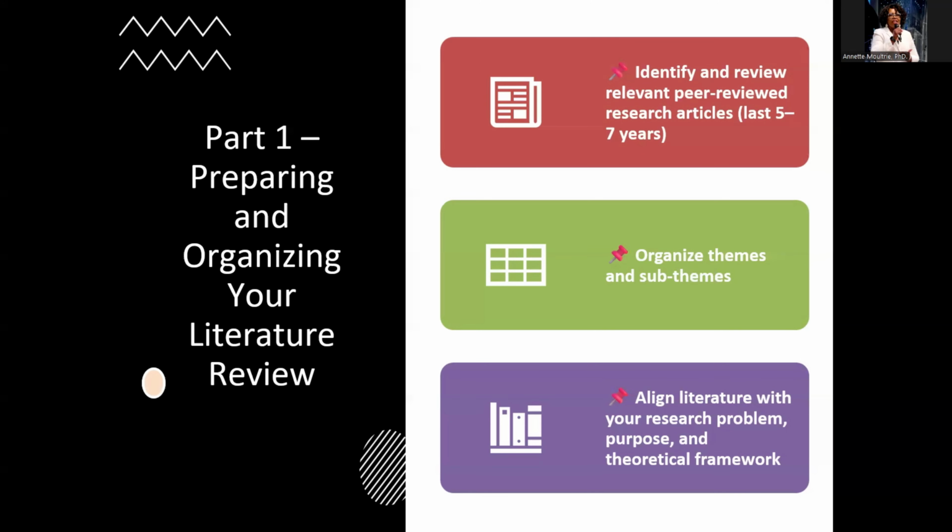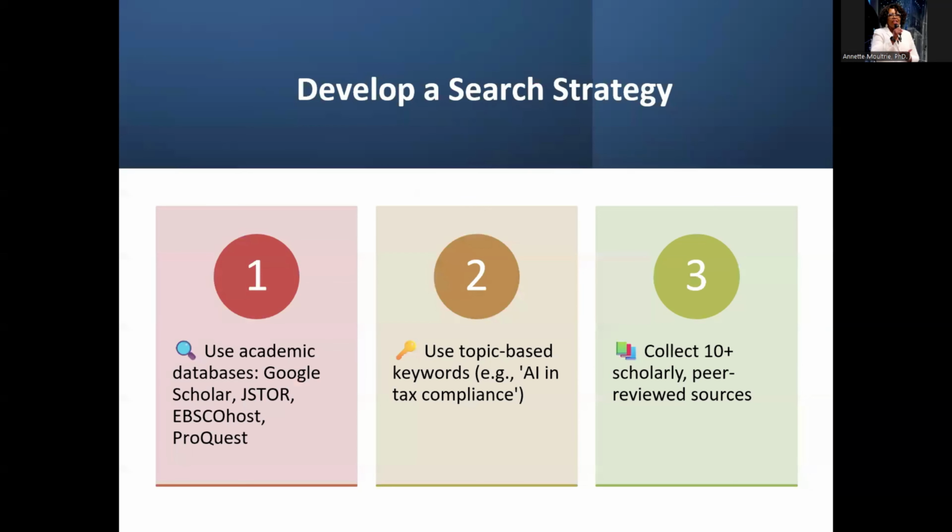So let's break this down step by step. One, you want to develop a search strategy. You should have already started. If not, you should begin by collecting at least 10 to 15 scholarly sources. You can use Google Scholar, JSTOR, EBSCOhost, ProQuest, or the college library.